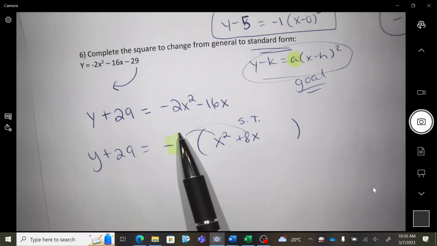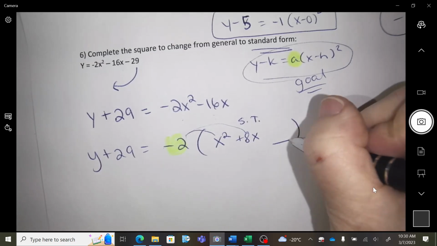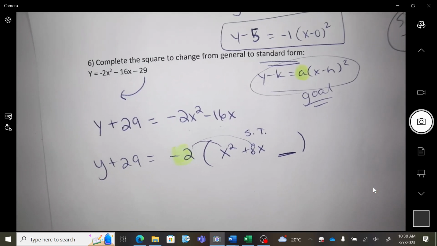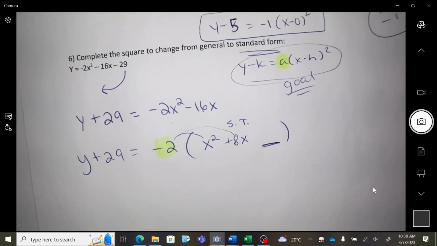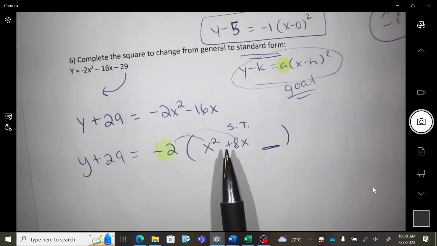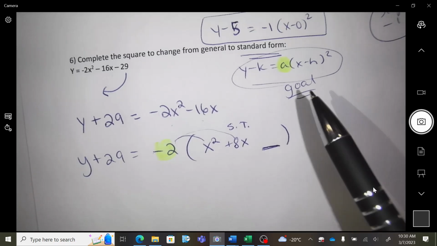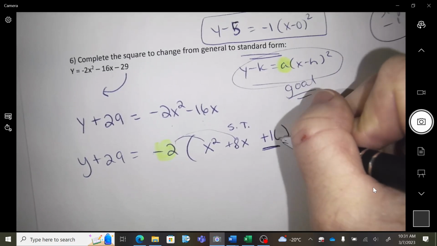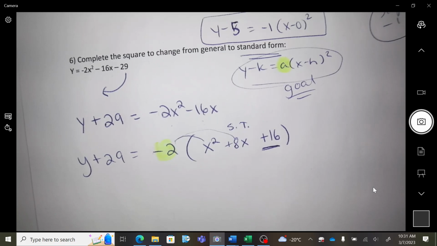This times this is that, this times this is that. Then this is where I create my own number here. So which value am I looking at? I'm now looking at this, and you're doing something to it. Divided by 2, got that number, and then square it, which means your trinomial should end with a 16.